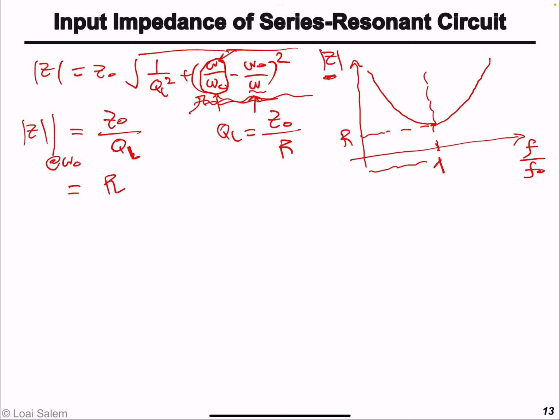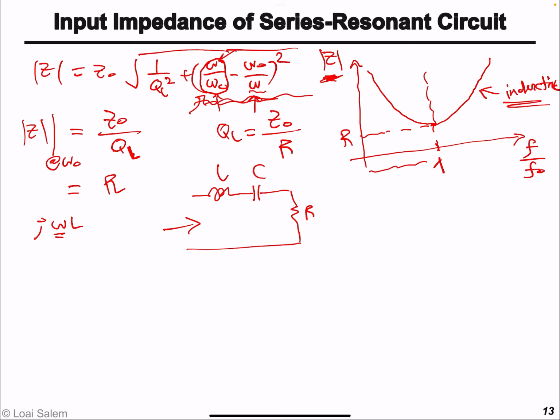And generally, from the magnitude of the impedance, what type of reactance increases with frequency? We know that an inductive reactance is proportional with frequency. So here, for frequencies above resonance, the RLC circuit acts as an inductive load. Essentially, it behaves as an inductor.